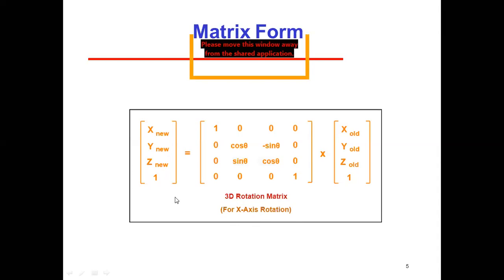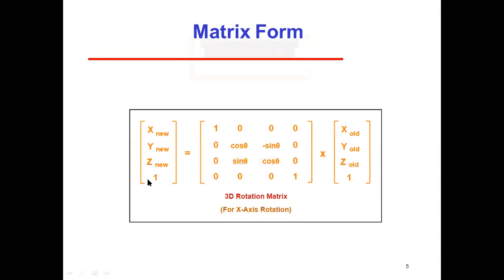Because this is the 3D case, we represent it by a 4 by 4 matrix. In the 2D plane we can represent it by a 3 by 3 matrix. Here we represent it by a 4 by 4 matrix. So one is used to solve the matrix and to maintain the identity. Okay, so x new, y new, z new and 1.